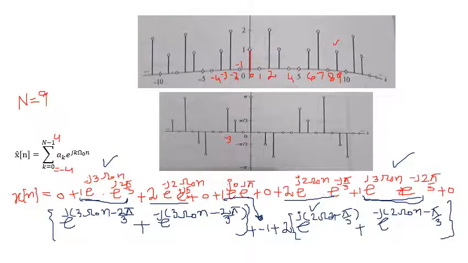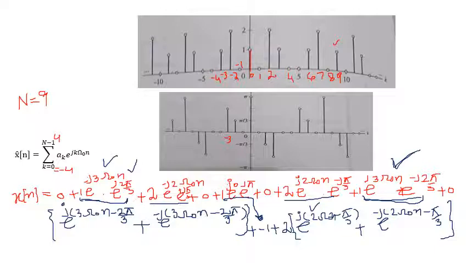Okay, so I'm writing the corresponding terms, the corresponding harmonics. So this is e power j 3 omega naught and minus 2 pi by 3, which is this term. Okay, and its corresponding is this one. Again, I have written here and I've just taken minus common here, so it will become 3 omega naught and minus 2 by 3 pi.